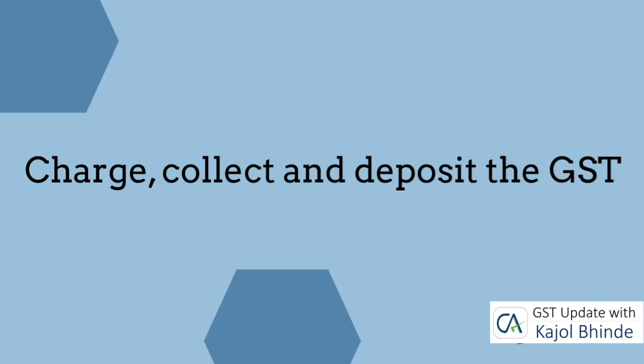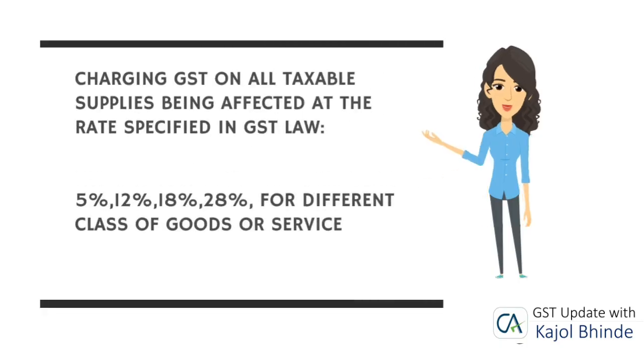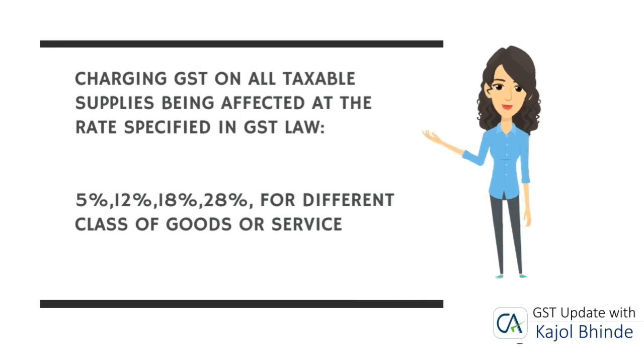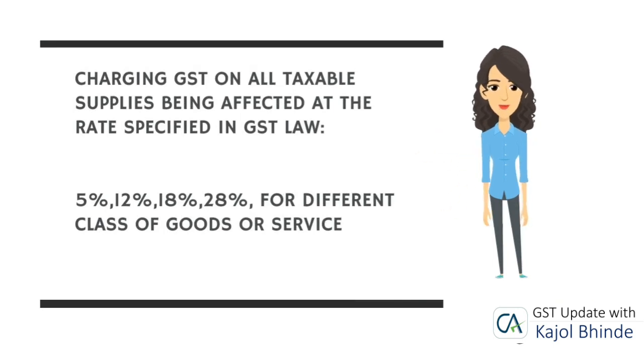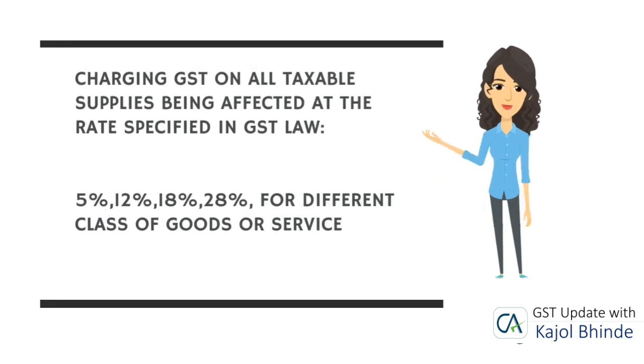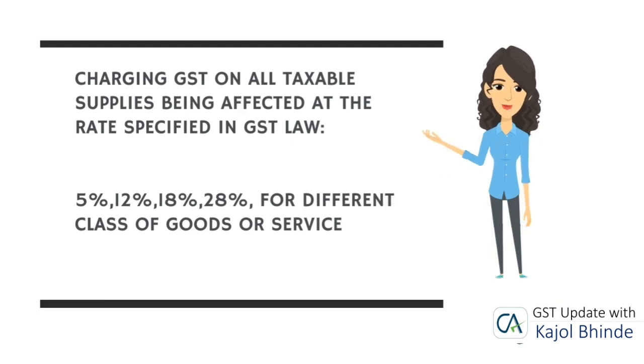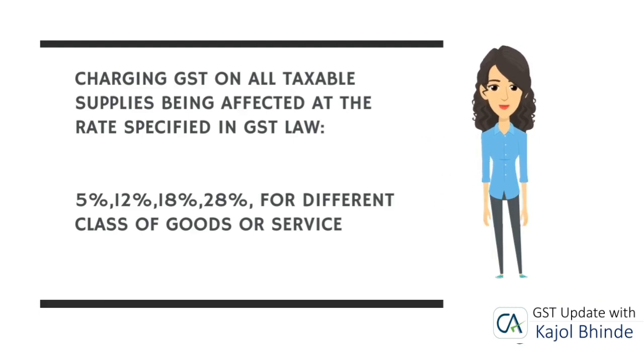Charge, collect and deposit the GST. Charging GST on all taxable supplies being affected at the rate specified in GST law. 5%, 12%, 18%, 28% for different class of goods or service.